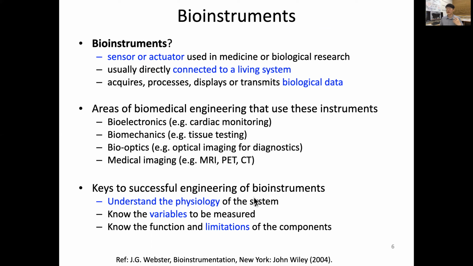And for instruments, we have to know the variables to be measured, the function of the components of instruments, and very importantly, the limitations of the instruments. For example, you have to know the range of values which is reliably measurable by the instrument.